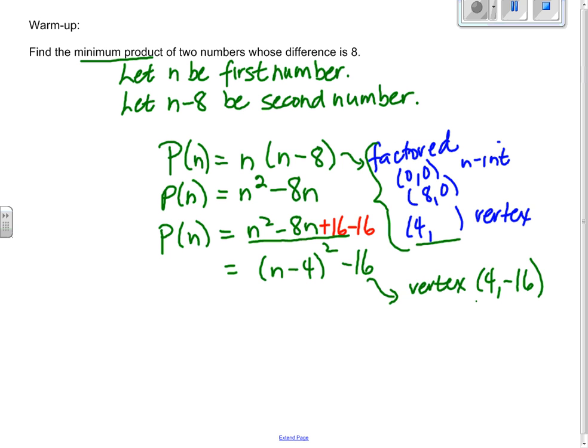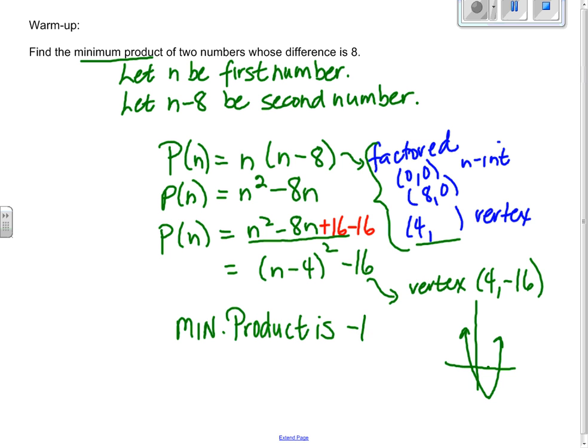If I have a quadratic that opens upwards with a vertex of (4, minus 16), my minimum value, in this case it's a minimum product because that's what my function is, my minimum product is minus 16, occurring when n equals 4. So we can use the vertex, however we get to it, to find minimums and maximums.